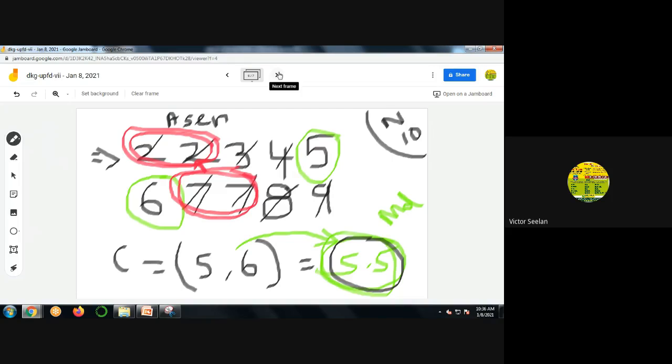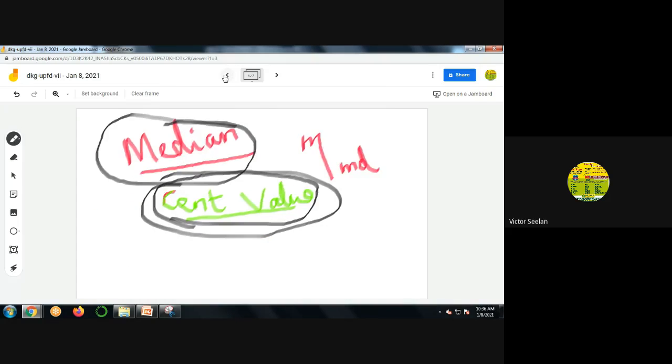And third one, mode: arrange all the numbers in ascending order, pick the repeated numbers alone and choose the maximum repeated number, that is mode.